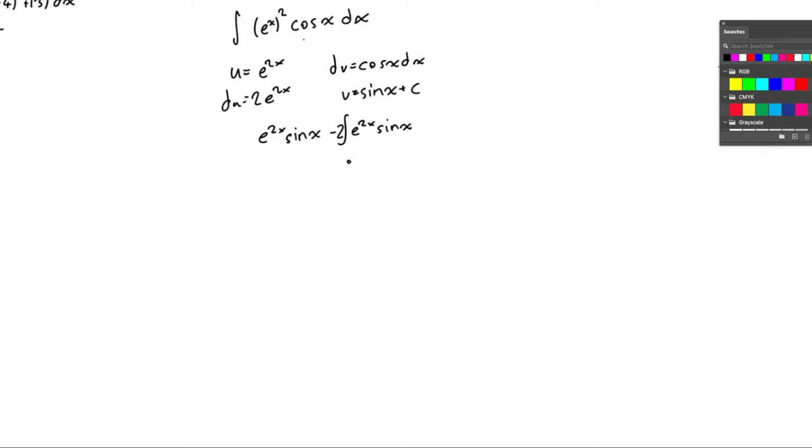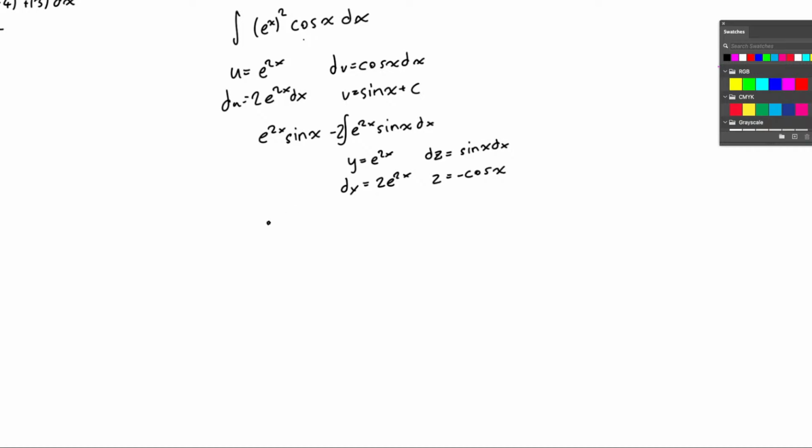So u equals e to the 2x, du equals 2e to the 2x, dv equals sine x dx, v equals negative cosine x, right?